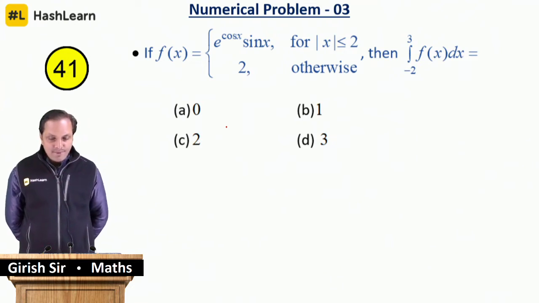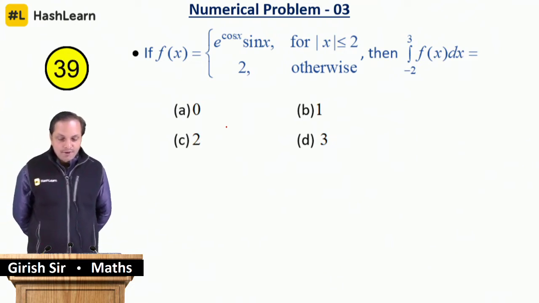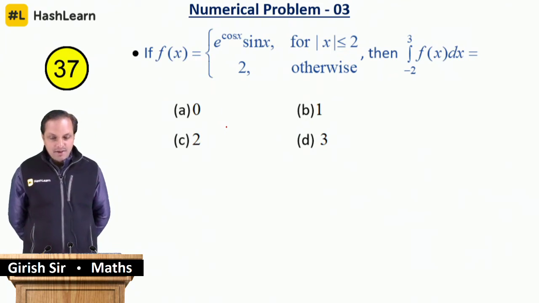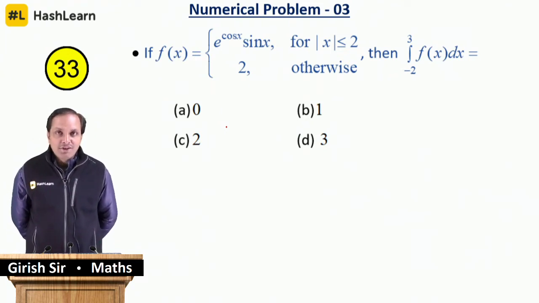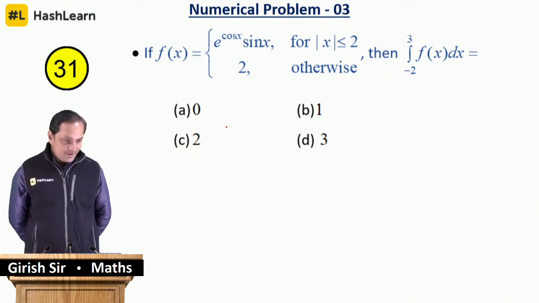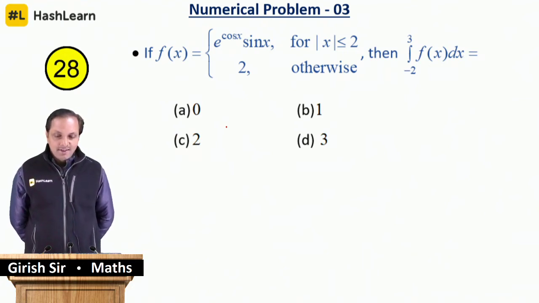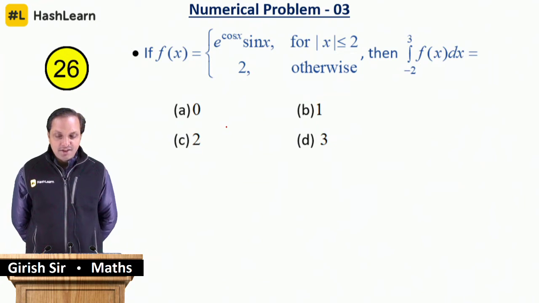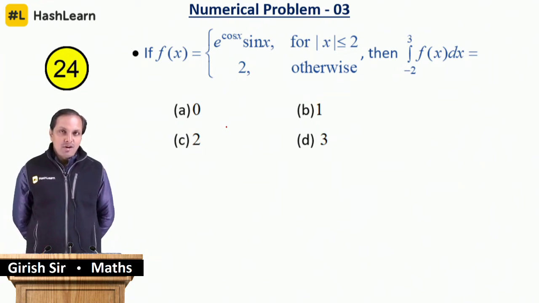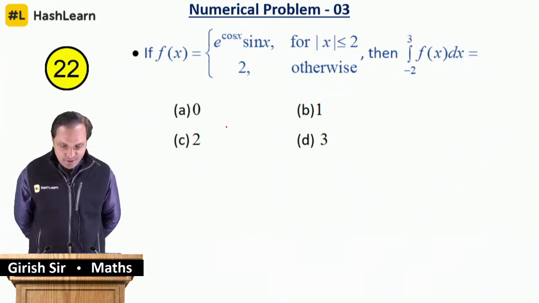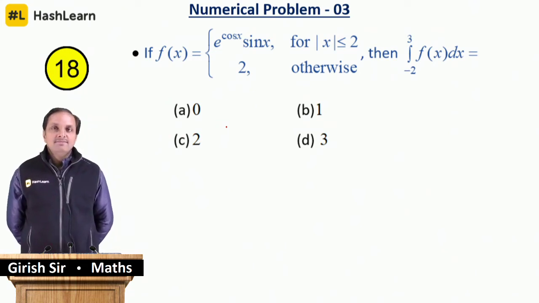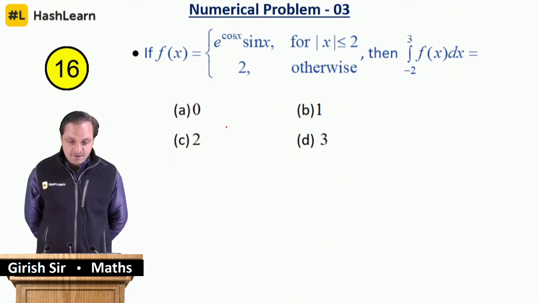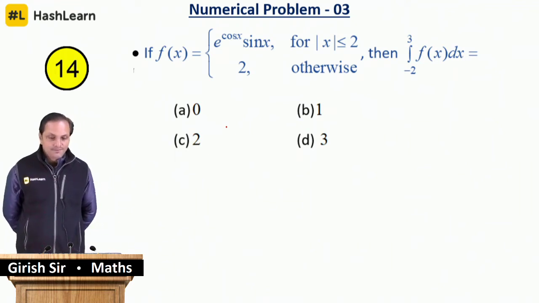Very important concept. To confuse you all, they have given you the function in 2 ways. They are splitting the function: for mod x less than or equal to 2 it is one function, or else there is a different function where f of x is 2.